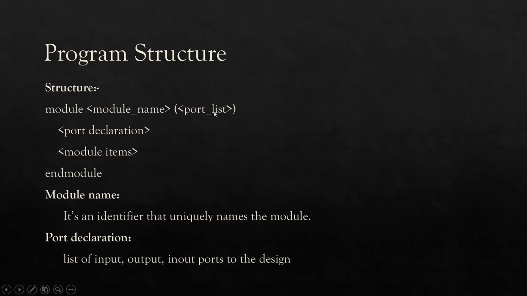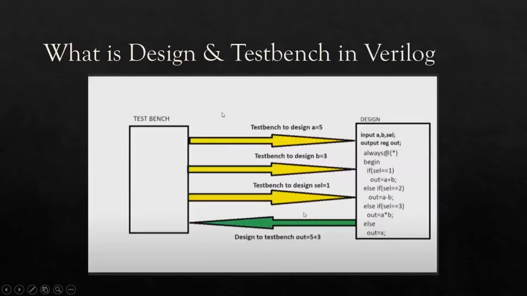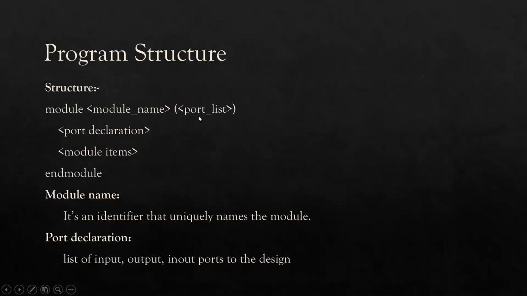This is the port list. We have previously shown this design; this module has a port list. What are the ports? Inputs are A, B, and select line. Output is the out variable. These are the port descriptions you need to mention in the brackets: which variables are inputs to the design, and which are outputs from the design.